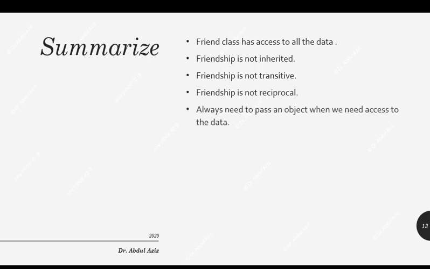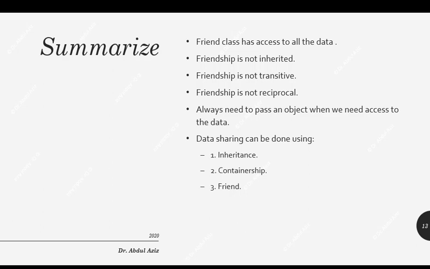We always need to pass an object when we need to access the data, and data sharing can now be done using three basic concepts. Either we inherit a class from another class, which means that the parent will always have control over the child, and all the data and member functions that are declared protected and public will be forwarded to the child.